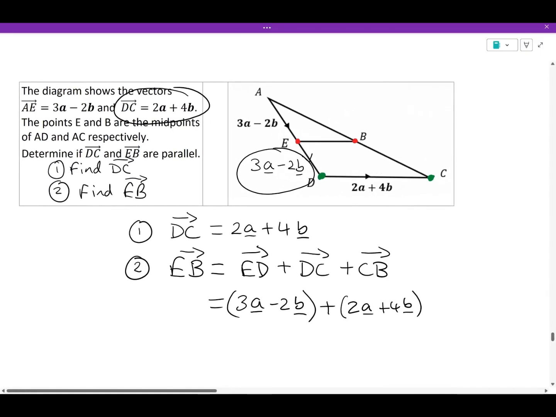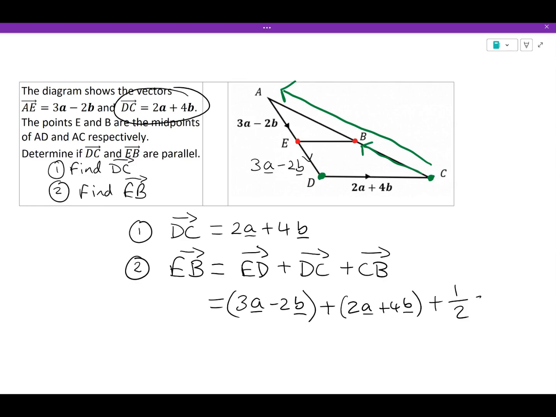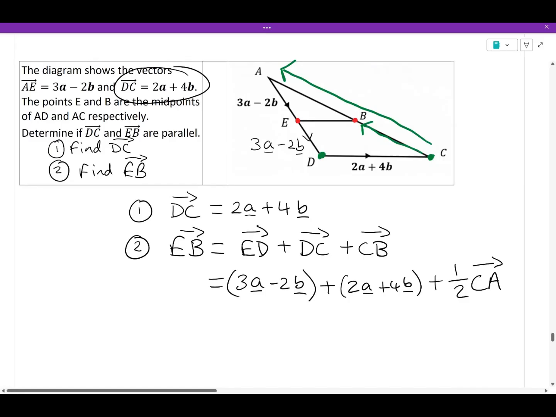So now we have to use the fact that B is the midpoint of A to C. Because if I was able to figure out how I get from C to A, I could then halve that movement, and that's going to give me the vector from C to B. So what I'm going to say is the vector C to B is equal to 1/2 of C to A. And we need to calculate what C to A actually is.